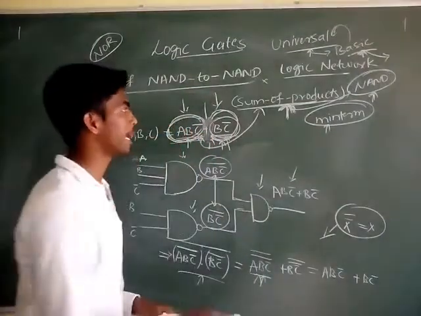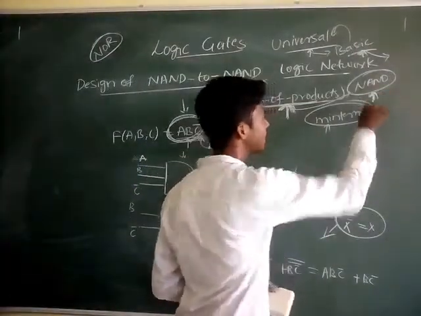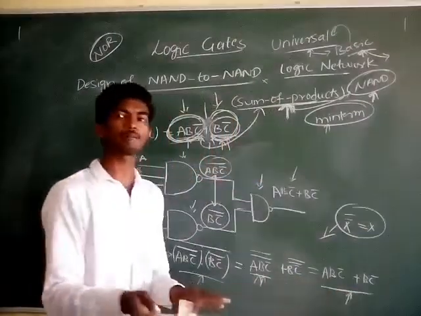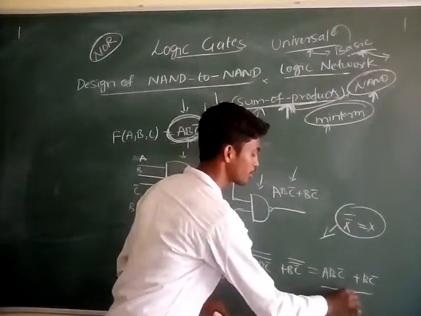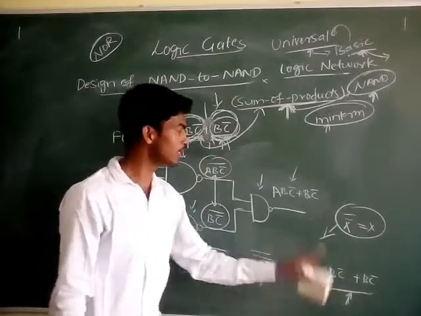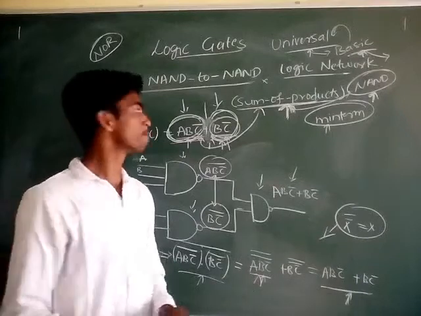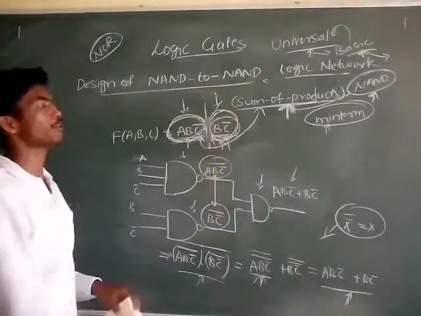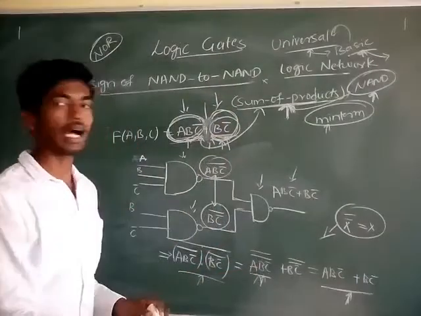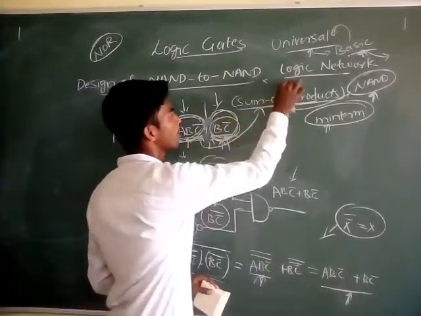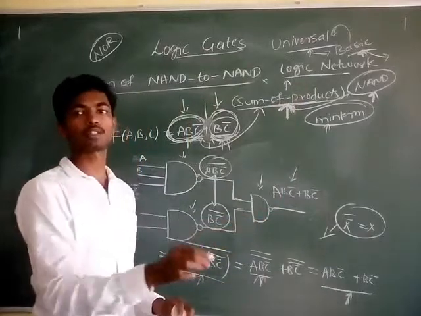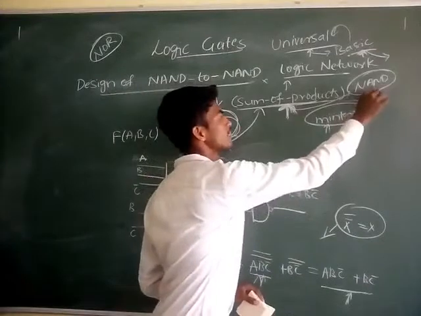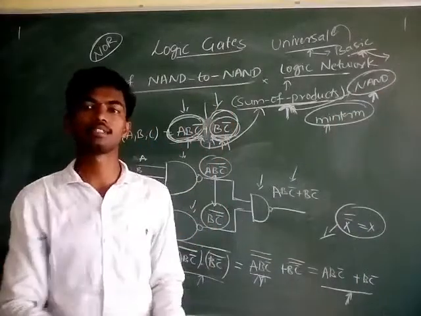Every basic gate can be replaced by the NAND gate, so that we will get the same result as designing the logic circuit using the basic gates. It will give the same result as it is. Okay now. So this is making the design of a NAND to NAND logic network, and when you have the expression in the form of sum of products, at that time only you have to insert the NAND gate in that circuit design.